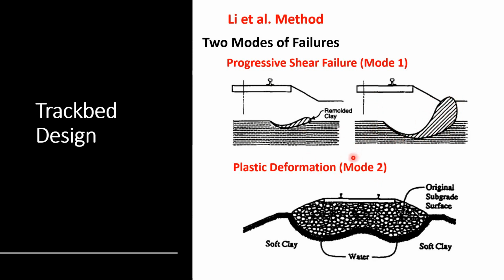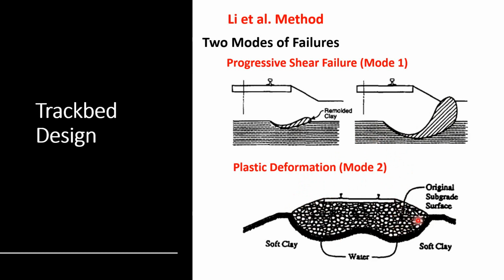And the plastic deformation is the second mode, and that deals quite a lot with your serviceability. As a matter of fact, sometimes people overlook the plastic deformations along the rail track, and when they do maintenance, they keep increasing or adding more ballast into the fouled areas or the areas of deficiency or excessive settlement.